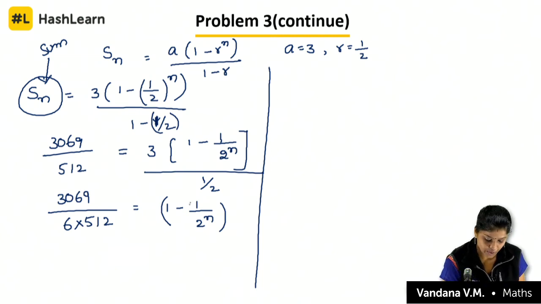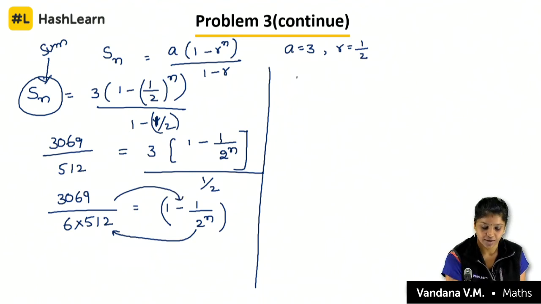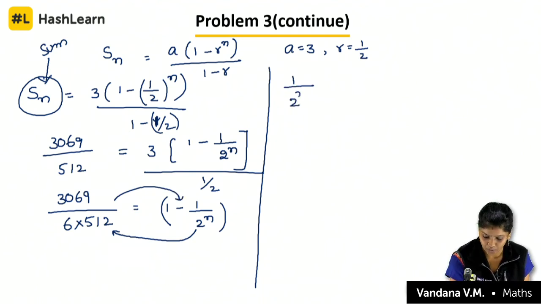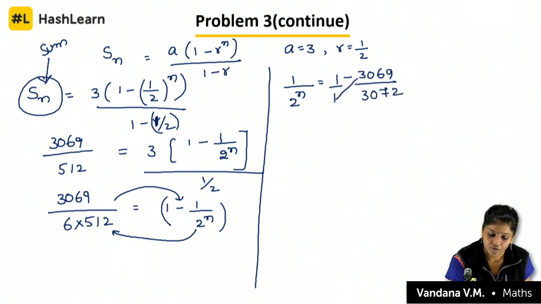So, what will I do? I will take this to this side. That is 1 by 2 power n is equal to 1 minus 3069 divided by 3072. Now, find the LCM.